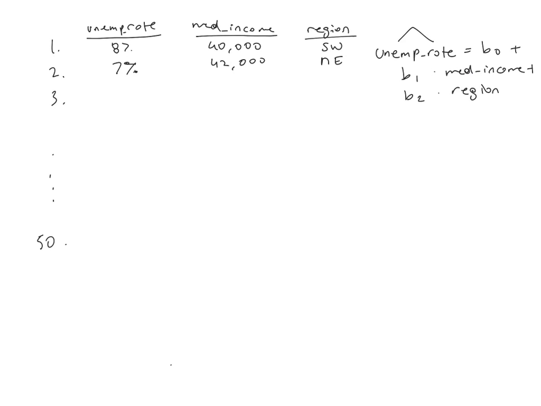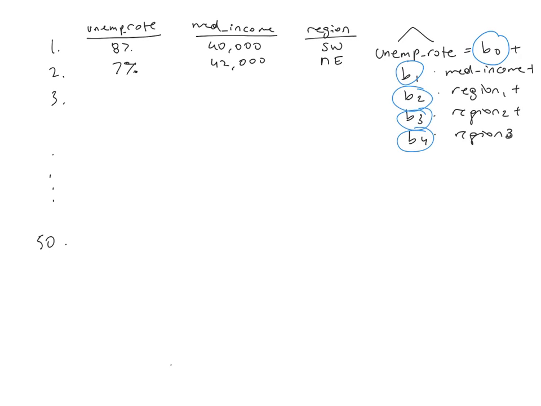Let's say region has 4 levels: Southwest, Northeast, West, South. Because there are 4 levels of region, I would calculate 3 slopes for it. So what my model output will give me is all of my slopes and my intercept, which come out in the regression output.